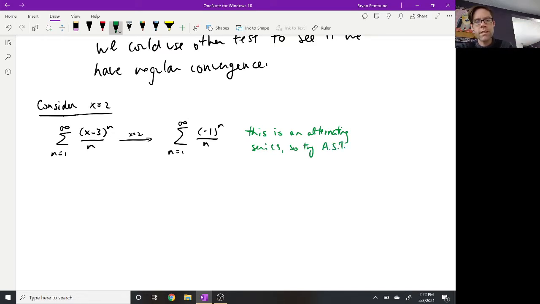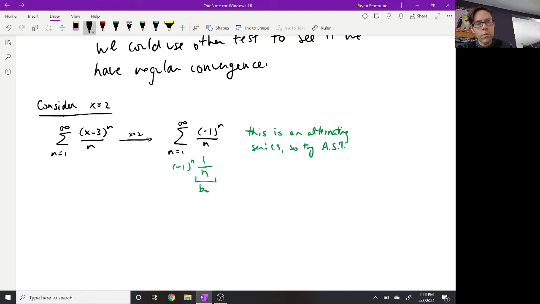For the alternating series test, remember that we want to pull out the bit that's causing our numbers to fluctuate above and below the x-axis. So we're going to pull out that negative 1 to the n, and then look at b sub n. b sub n is going to be the rest of our series, so the 1 over n, this is our b sub n.